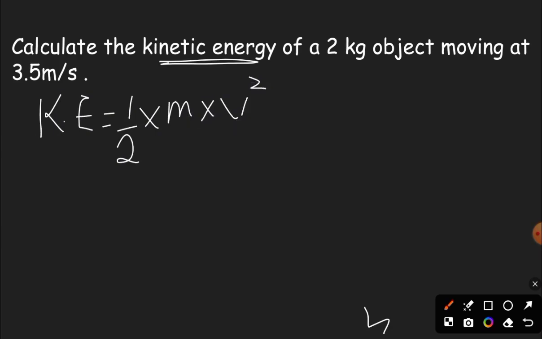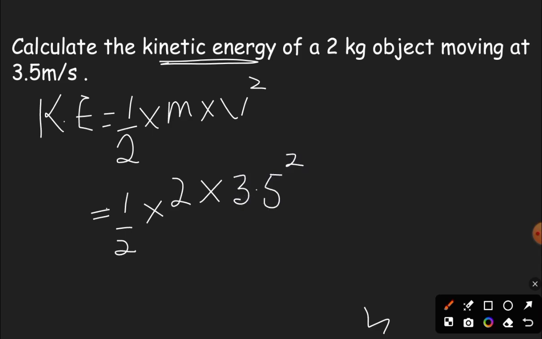Now the question says you should calculate the kinetic energy of a 2 kilogram object moving at 3 meters per second. So half multiplied by the mass, how heavy the object is, multiplied by the speed, the rate at which it is moving, a change in distance with time. So 3.5 squared.